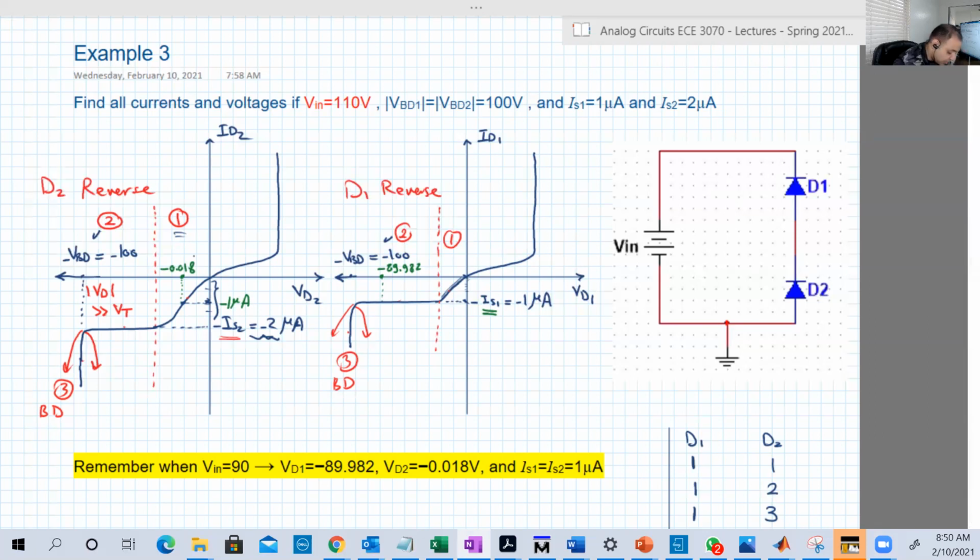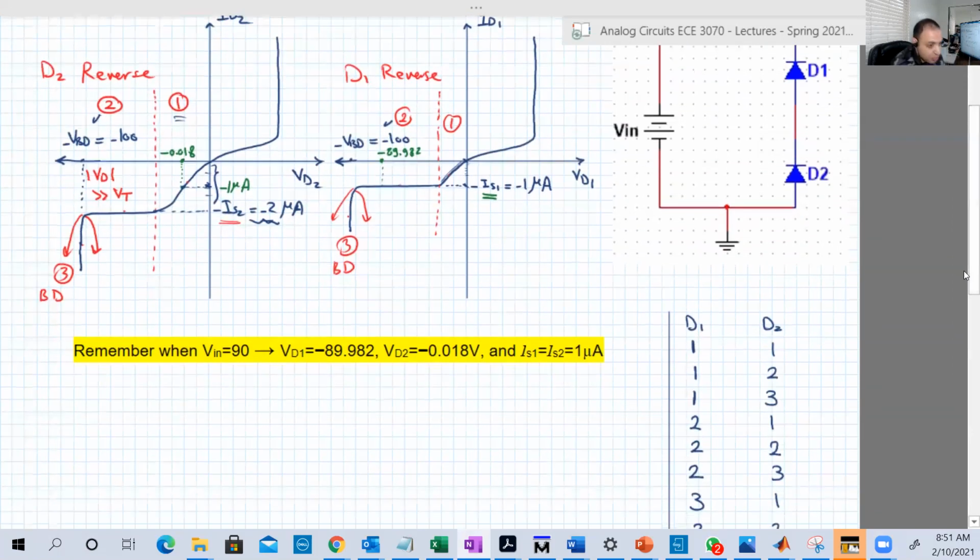Good. Then we increase the voltage to 110. Remember last time we said that each one of the diodes is either operating in region 1, when VD and VT are comparable to each other, so the exponential will not be 0, or region 2, in which the current is known, minus I naught or minus IS, or region 3, in which we are in breakdown.